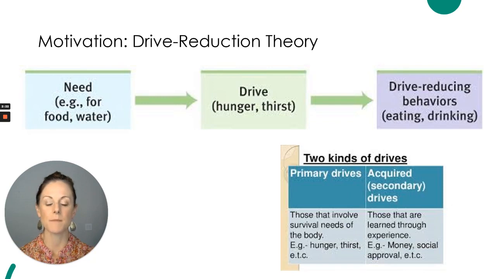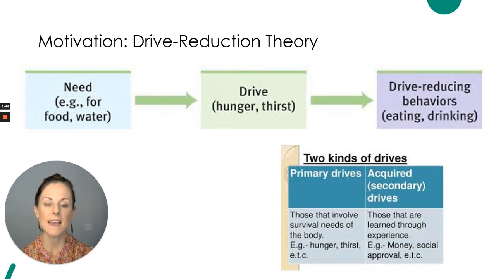There are two types of needs that we talk about in terms of this theory. We have primary drives. These are ones that are necessary for our biological survival. And then we have secondary drives. These are learned drives, or learned things that then satisfy those primary needs or drives.